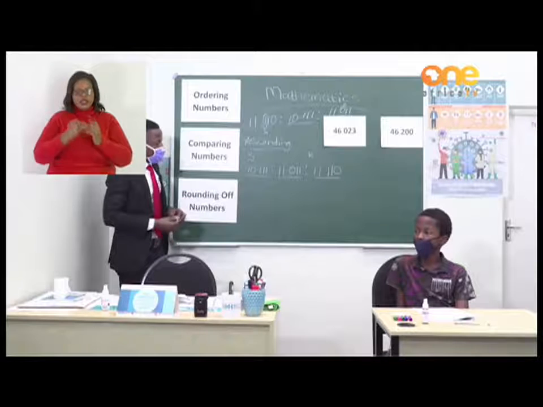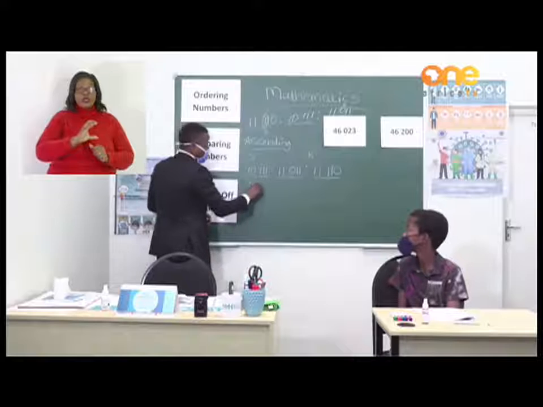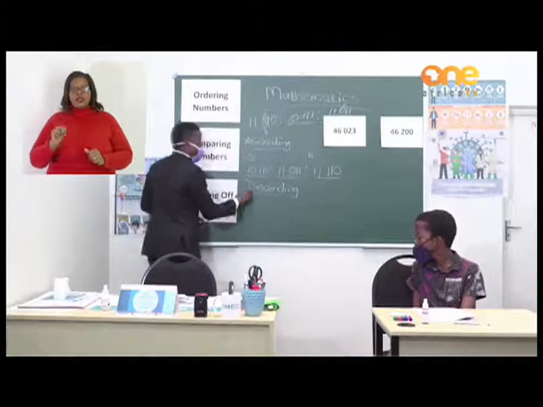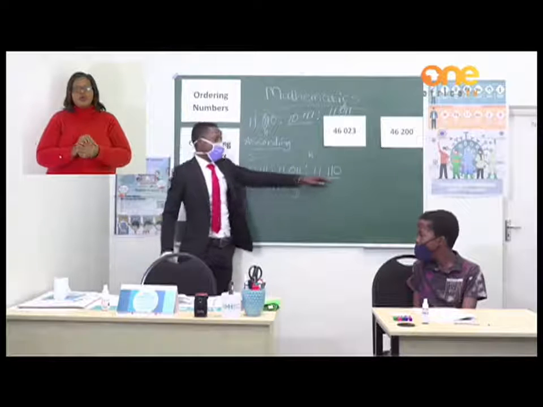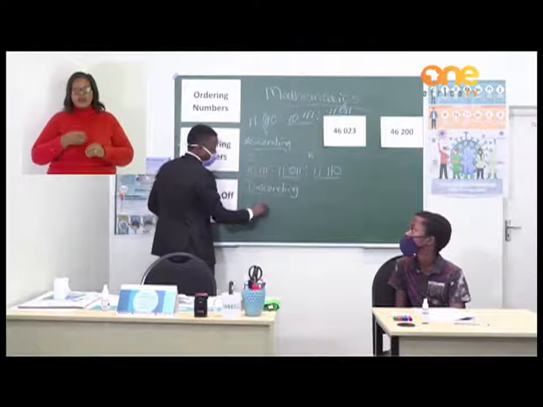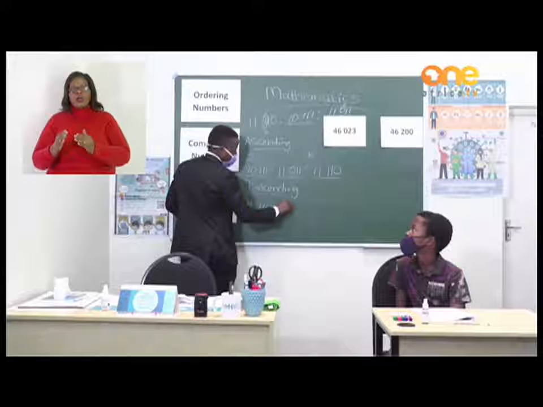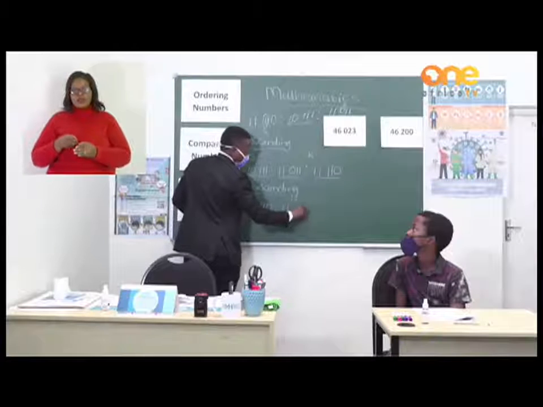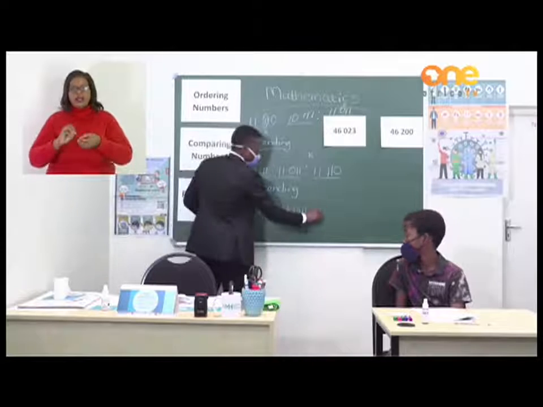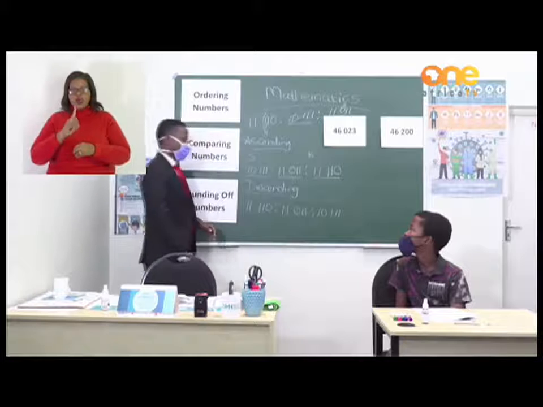And if you want to take that back to descending order, you start with the biggest number, which is 11,110, followed by 11,011, and the last one will be 10,111.